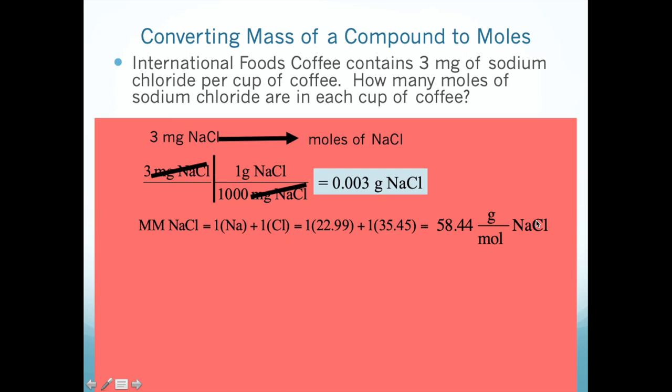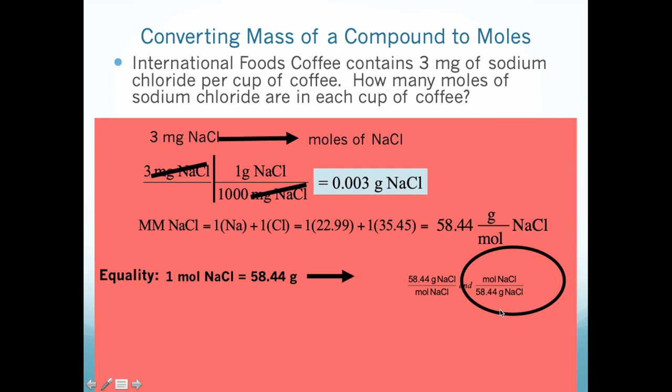But we've got 0.003 grams. How many moles is that? Would we multiply or divide by 58.44? Now remember, we're starting with grams here, and we want grams to cancel out. So we probably want to divide by grams. If we look at our two conversion factors, this one on the right here gets grams to cancel out.